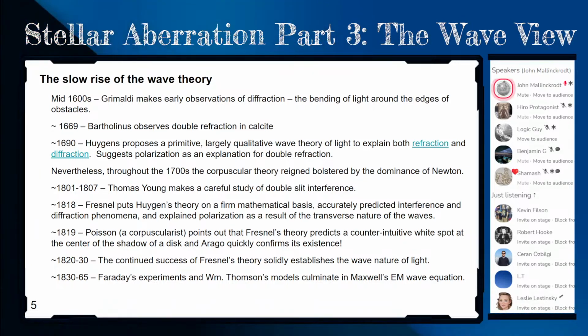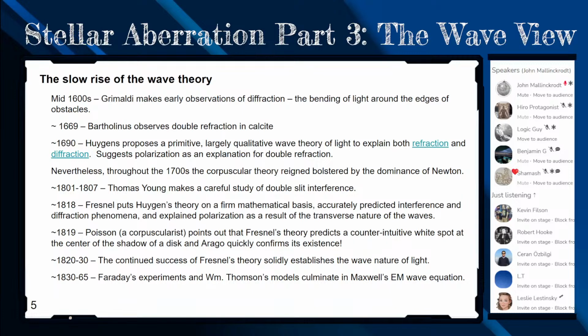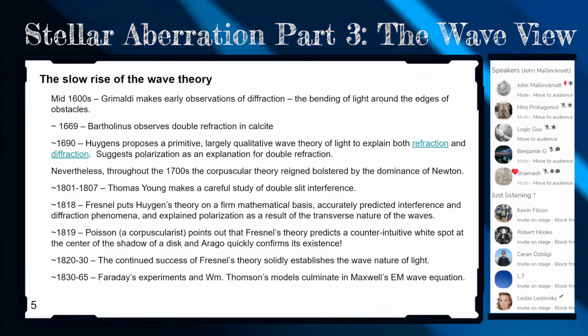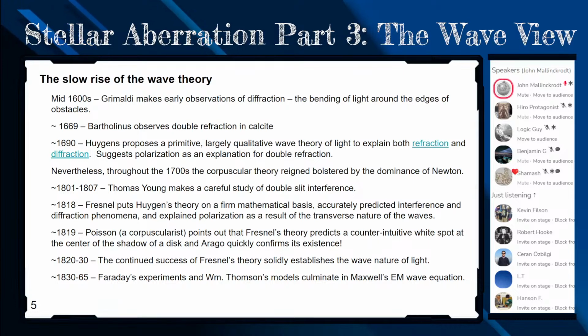But then 100 years later, we're now talking about the beginning of the 1800s, the 19th century, Thomas Young made a careful study of double slit interference, something that particle theory just really did not explain, and came up with a pretty good explanation of that. Fresnel then really put the final touches on by taking Huygens' theory and putting it on a very firm mathematical basis involving integral calculus and working out how waves diffract, refract, and reflect.